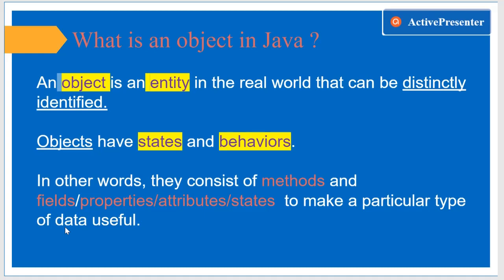We are similar in some ways, but you are different, unique in your own way. Like that, objects have states and behaviors, and they are unique. In other words, they consist of methods and attributes, which we also call fields or properties, to make a particular type of data useful.